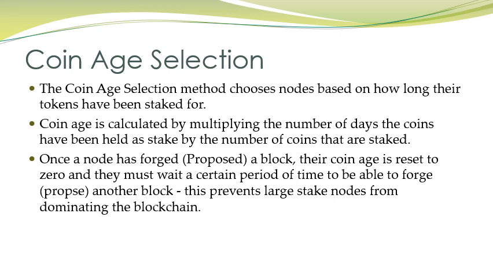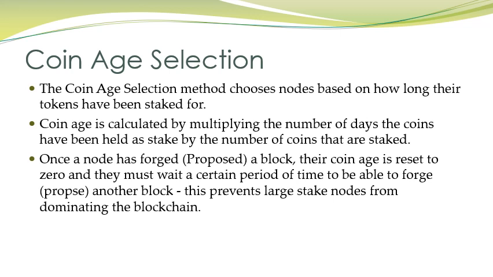So this prevents large stake nodes from dominating the block. So this is a good algorithm. It prevents the large stake holding nodes from getting the chance to propose a block again and again, because once the node proposes a block, the coinage is reset to 0, and then that node has to wait for a certain amount of time, and after that time that node will get a chance to forge another block.